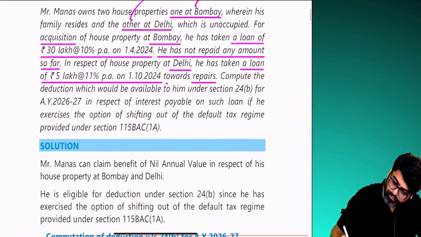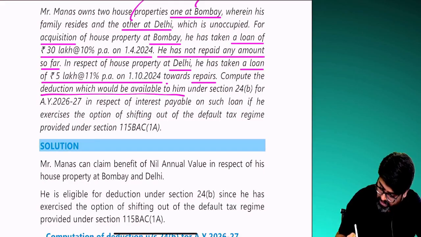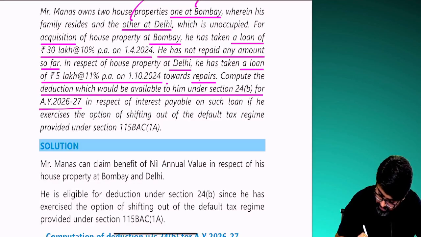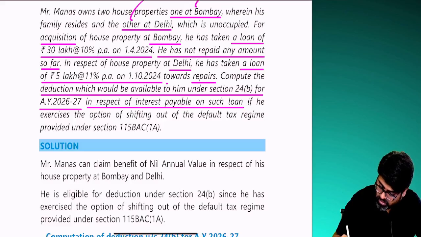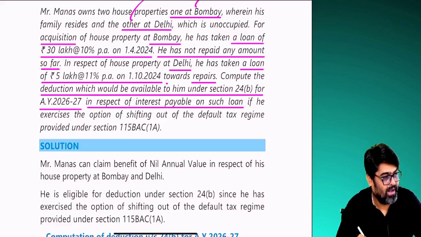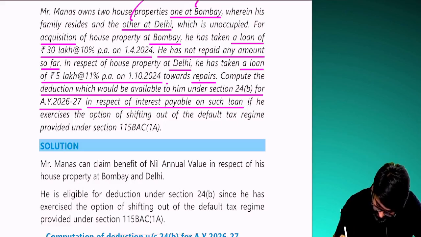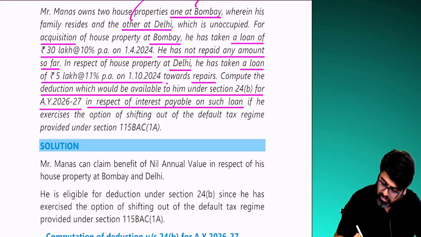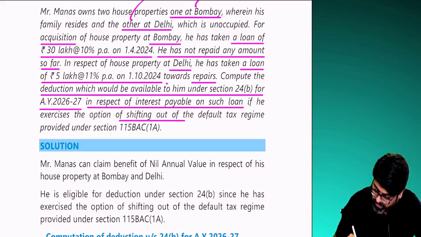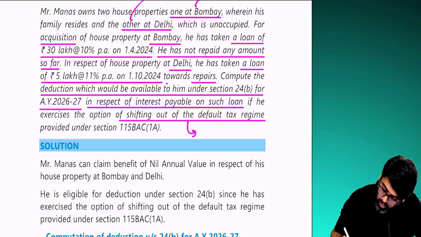Compute the deduction which would be available to him under section for the assessment year in respect of interest payable on such loan if he exercises the option of shifting out of, meaning following 115BAC or not following.